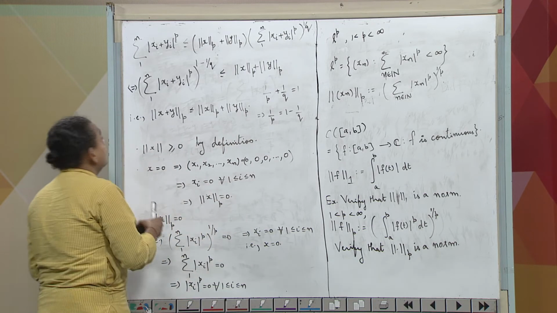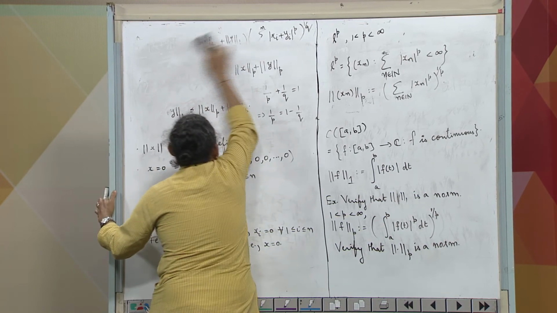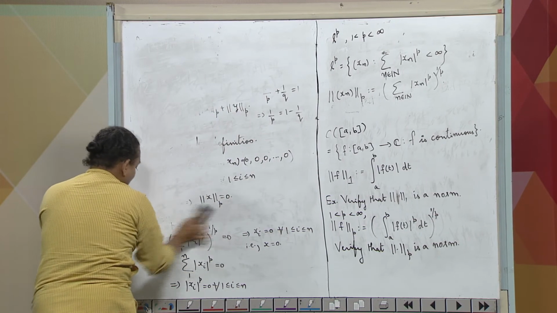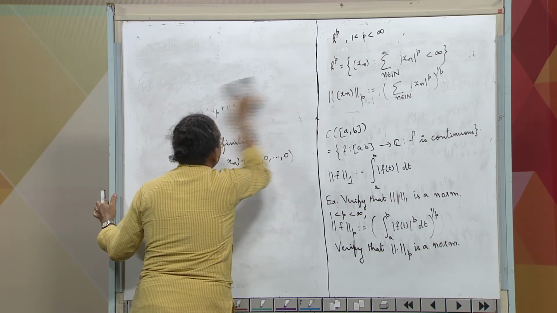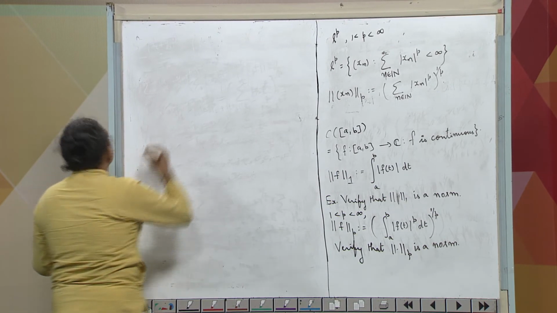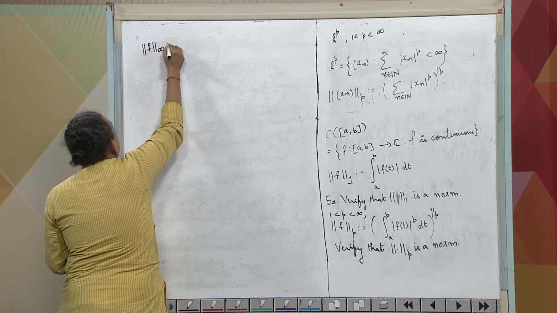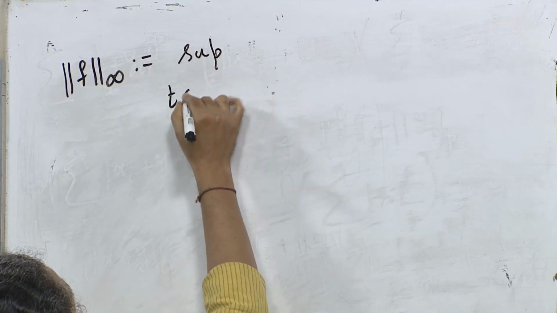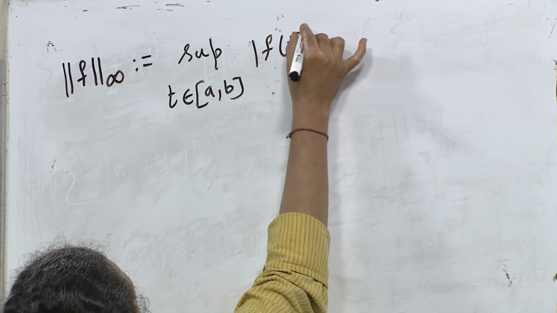Now, it should be easy to guess what the infinity norm is going to be, or the supremum norm. Once I have said that it is a supremum norm, one should have guessed what it is going to be. Yes, the supremum norm is defined as supremum over t in the interval [a,b] of mod f(t).